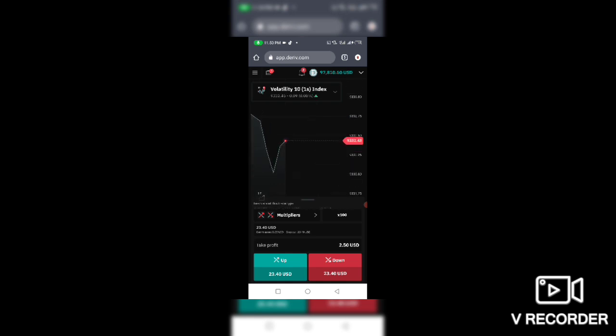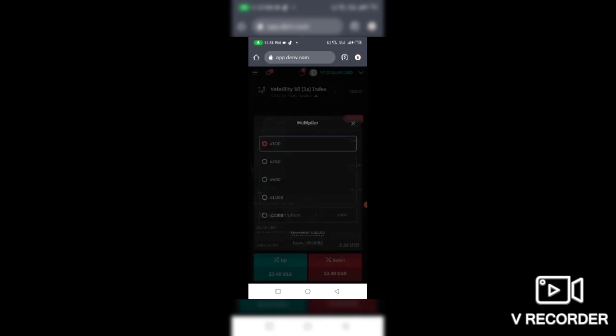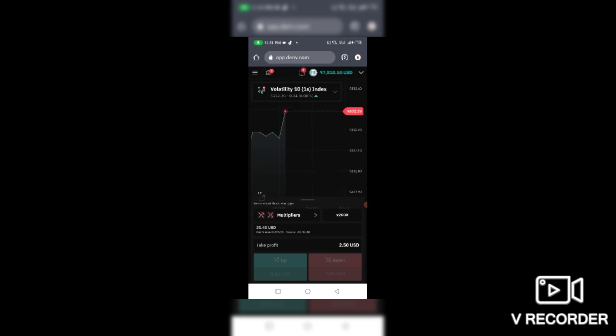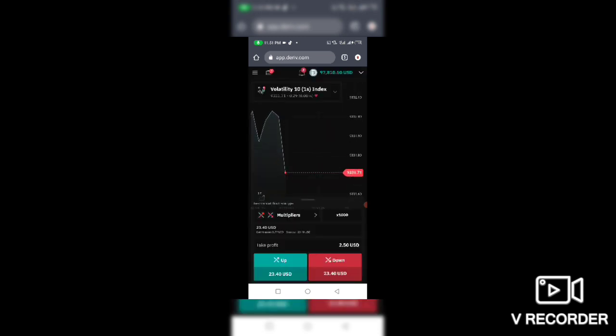But why they are not margin yet is because you don't use lot size, you use multiplier values. We have different multiplier values like 1000. You only use the multiplier value. There is no lot size. You have take profit and stop loss.